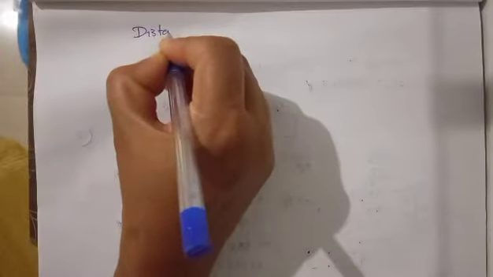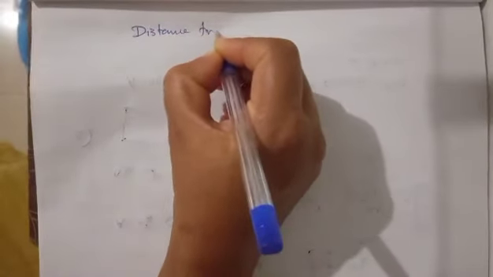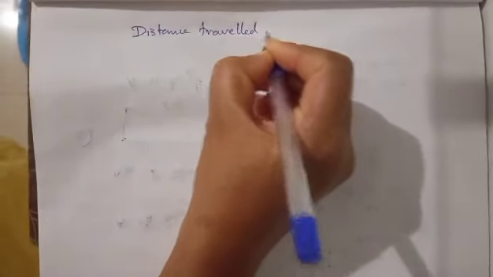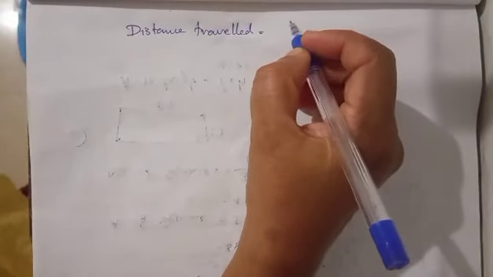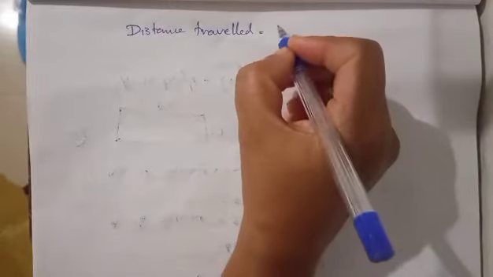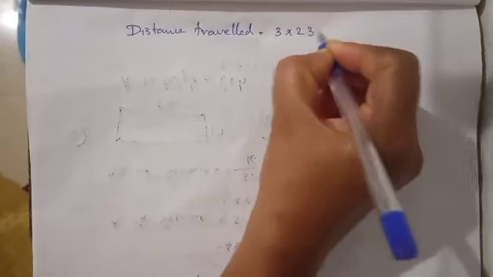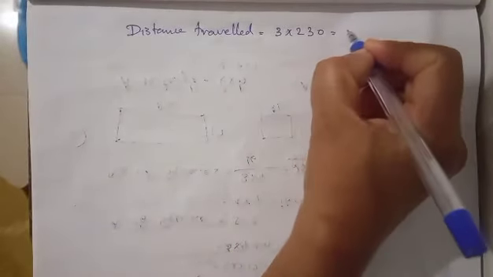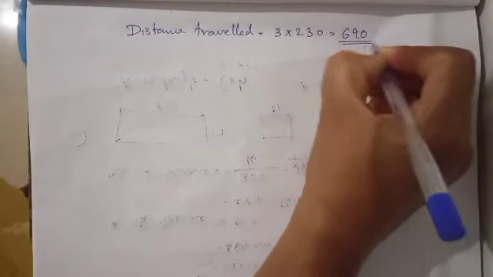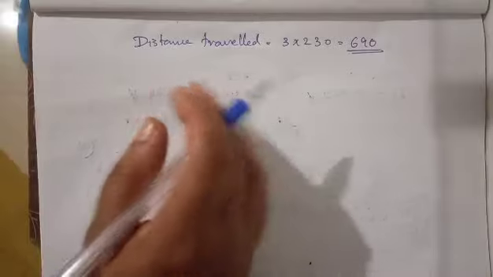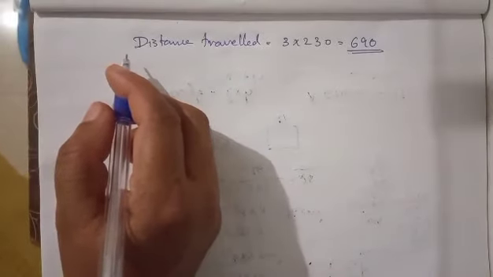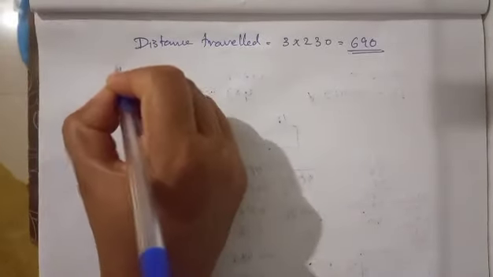Distance travelled by the boy is equal to 3 times he round. That is 3 into 230, that is equal to 690. Then time taken by the boy. How much time taken?